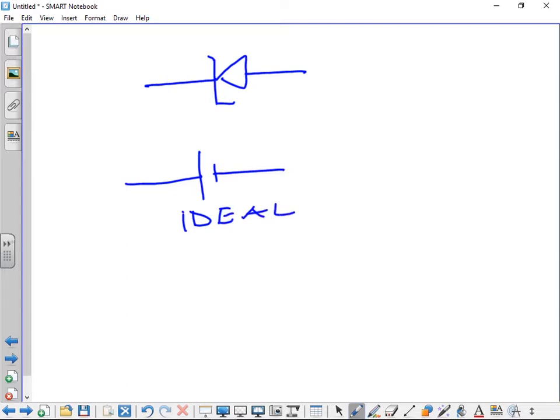It's an ideal one, where you have this in a form of VZ. And in an ideal situation, your graphical representation thereof would be like that. But if you take it further and you do the practical one, your graphical representation of a Zener will be in this format here.